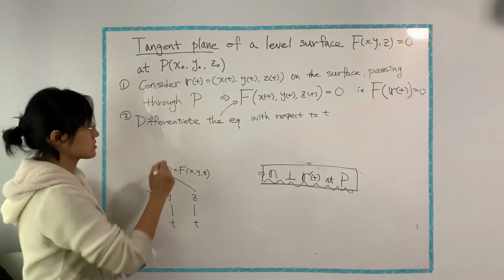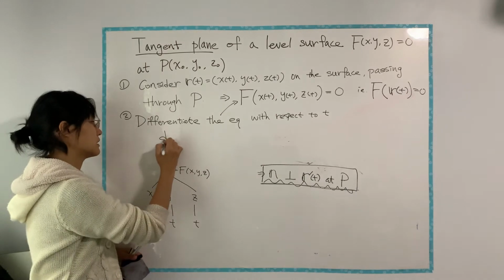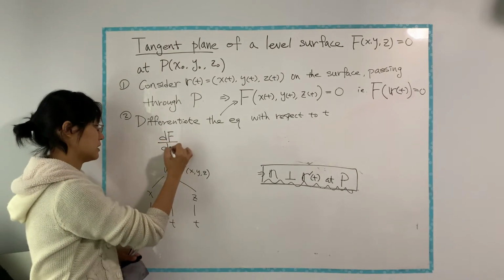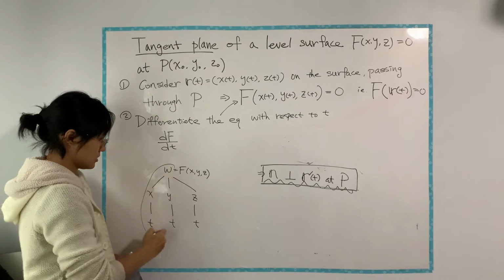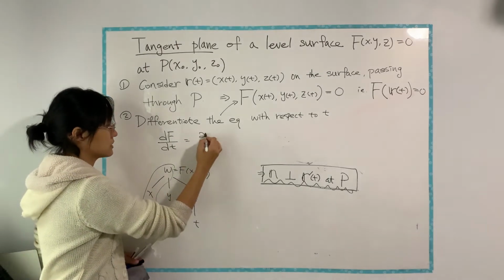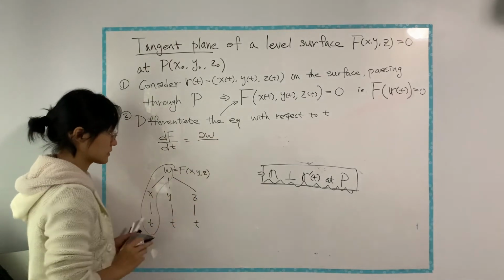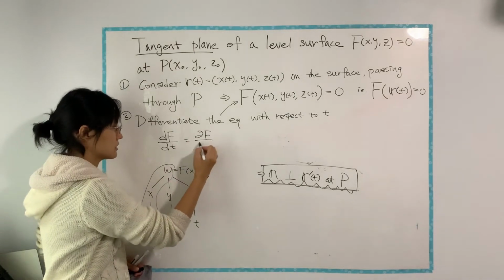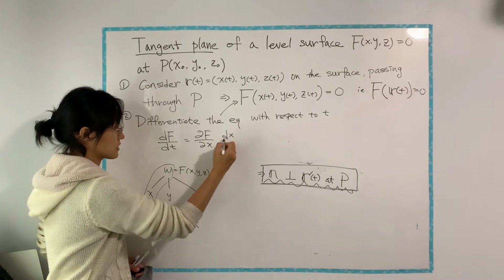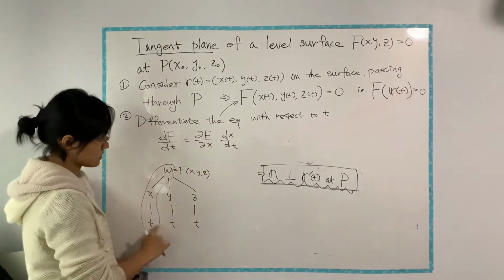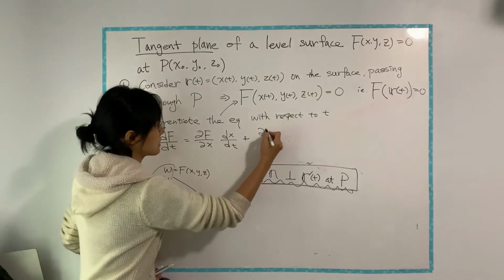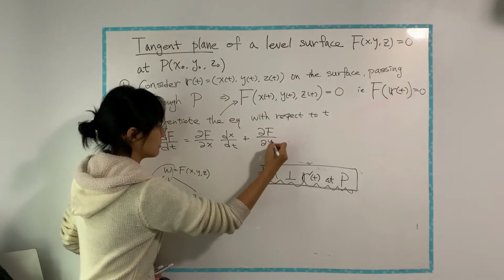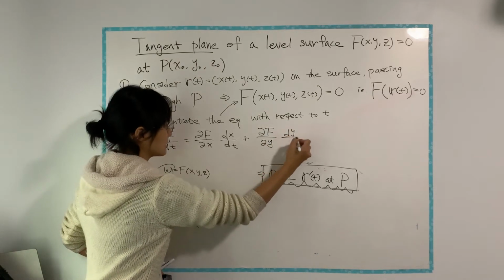All right, so for us to find df dt, we apply the chain rule. So here you have dw or df, let's just use f, df dx dx dt. Okay, so this plus df dy times dy dt.